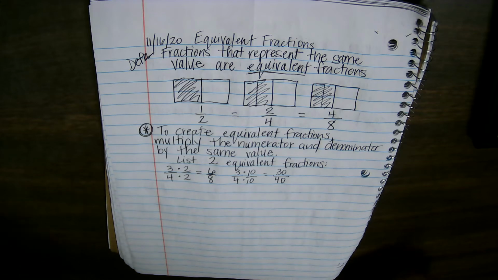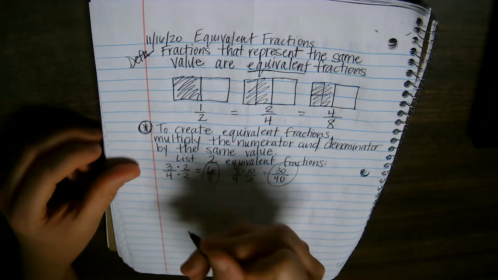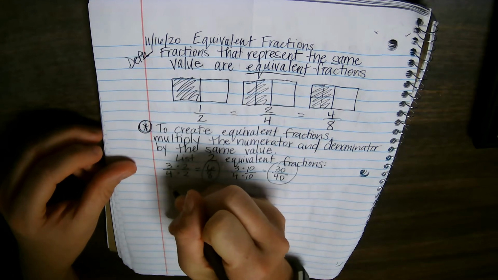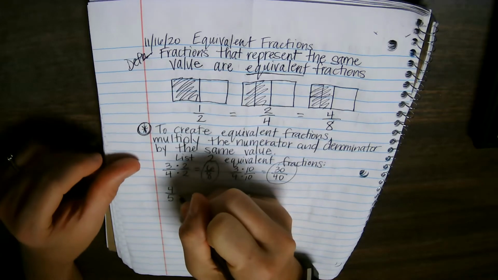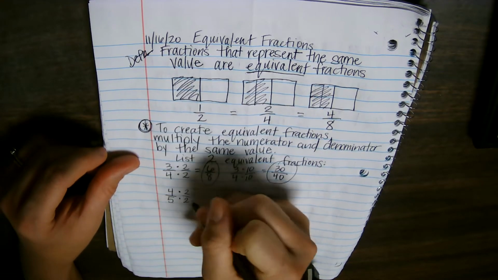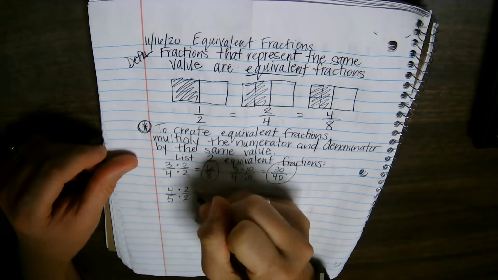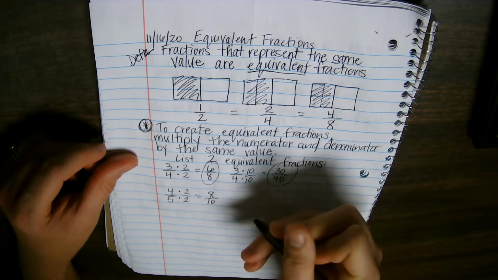So I want you to try, pause your video and try 4/5. Okay, so I probably would always stick with 2/2, multiplying the top and the bottom by the same number. You have 8/10.